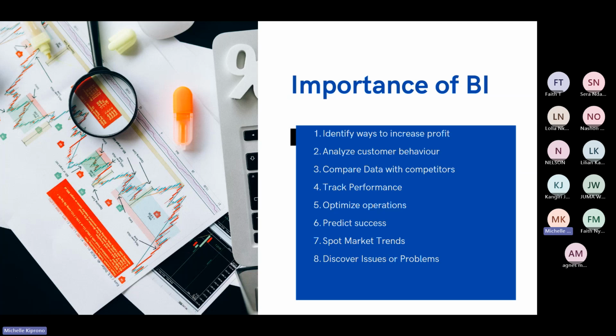So analyzing, for example, which products you normally sell do well, which specific years they do well, which specific months they do well. Then compare data with competitors. If you're comparing data that you have and data that your competitors have made publicly available, comparing how you're doing to what they're doing, then you can also compare the measures they've set in place.